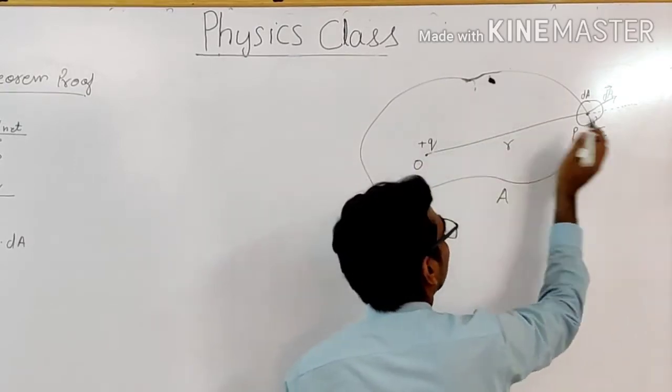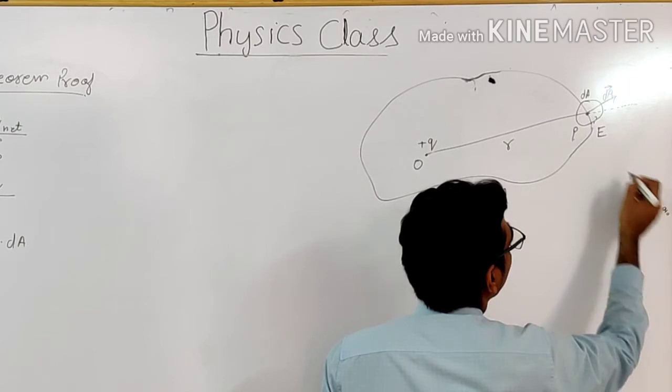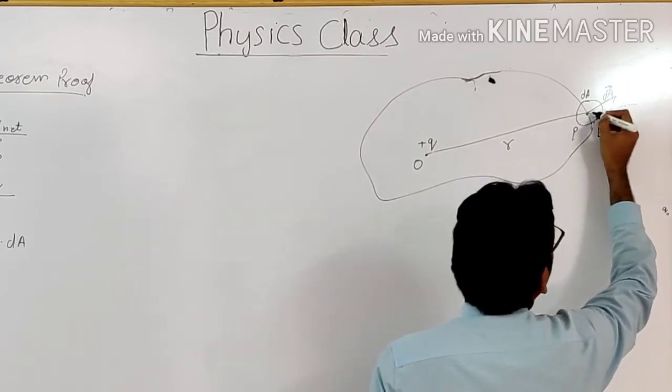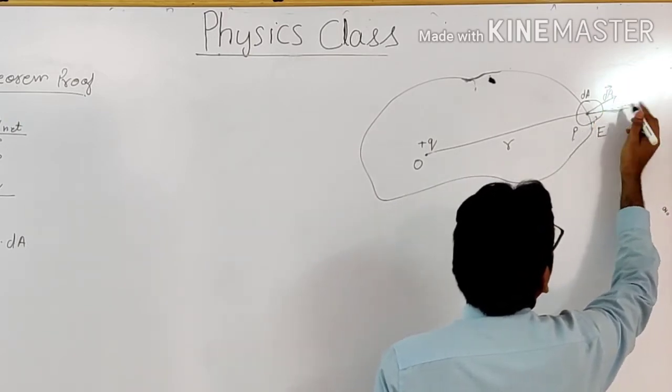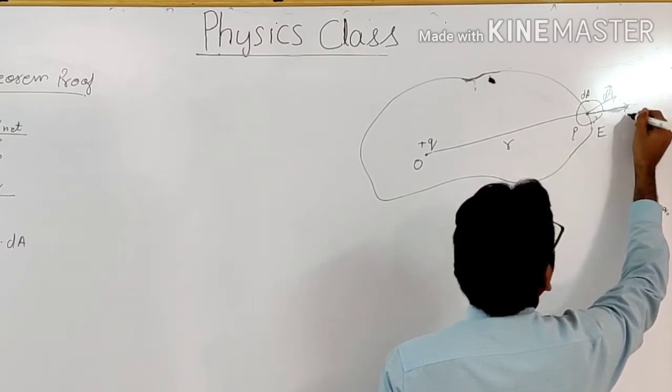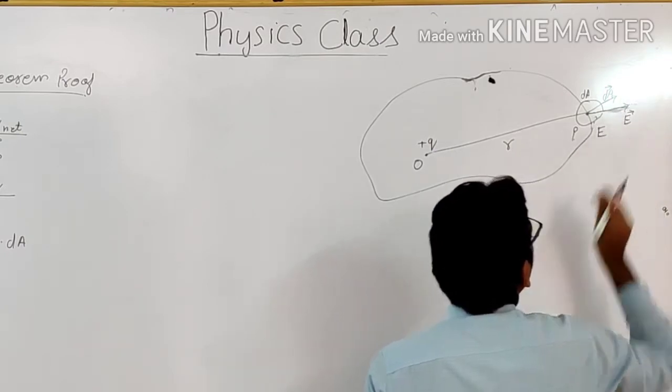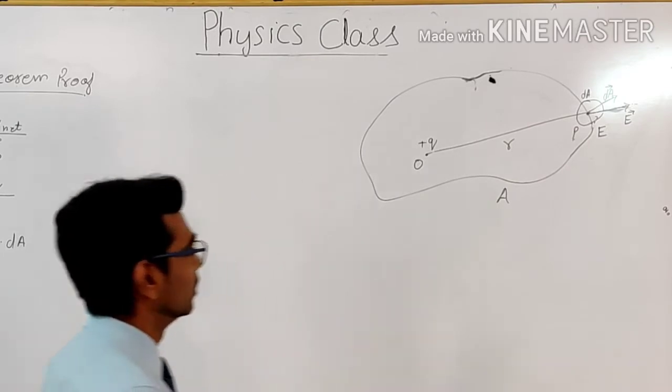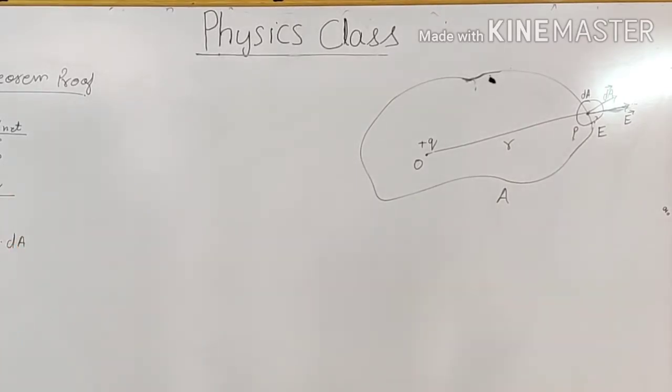Since this is a plus charge, if you take a test charge Q naught, the direction will be away. This is the direction of the electric field vector E.